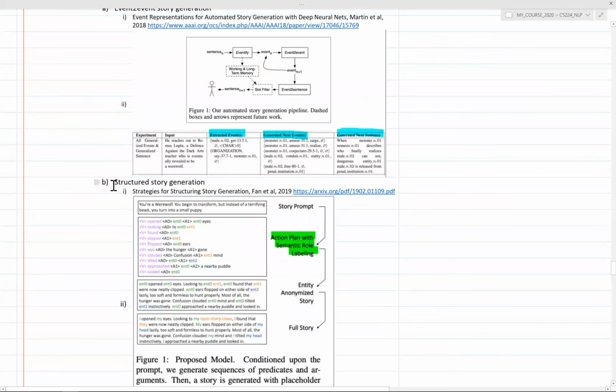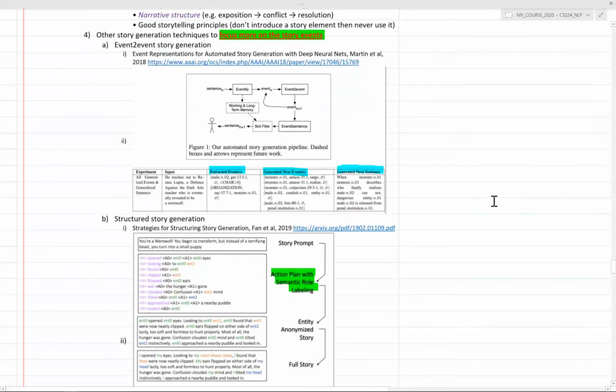Sorry, this is another technique called the structured story generation, which is brought by the Fan's team. This way, it is bringing the stories of the event by action plan with semantic role labeling.